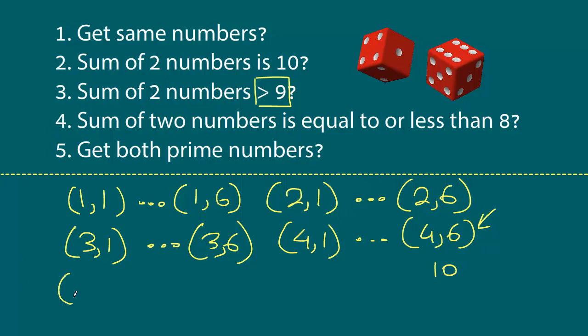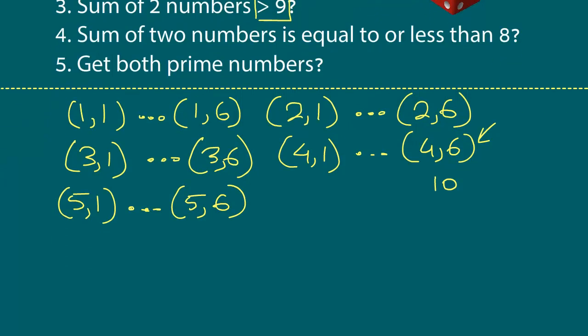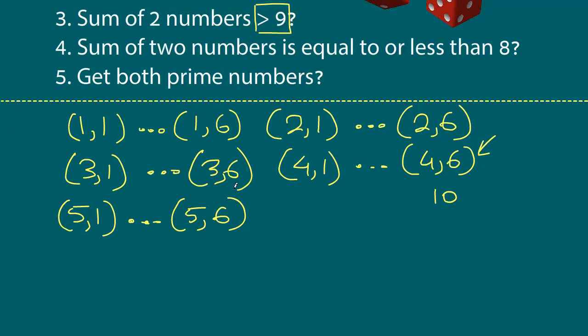Let's do the fifth row. So we have this, and the last one will be here. Let's give ourselves a little bit more space. And now here this will be 6, and this will be 11, right? So here if you add them, we get 6, and here we get 11. So now over here we will have some values, because 5 and 6 add up to 11, 5 and 5 is 10.